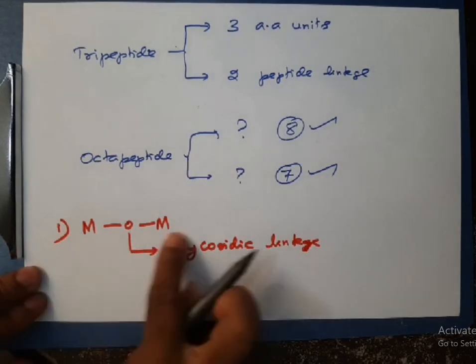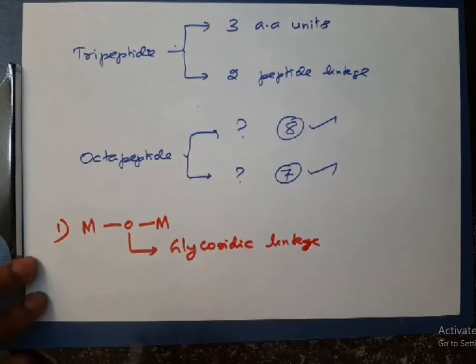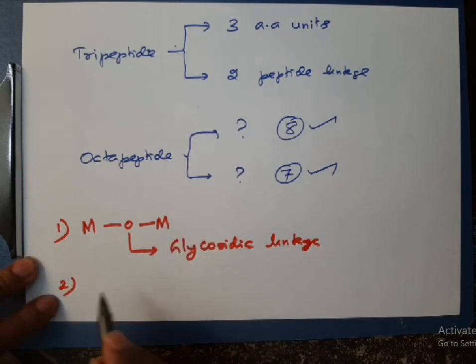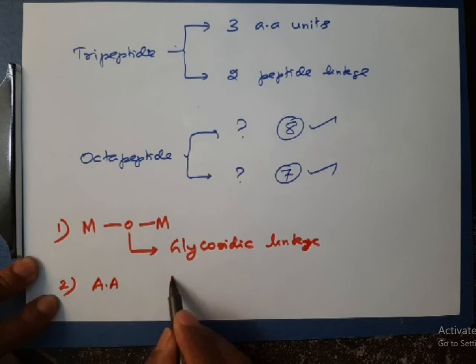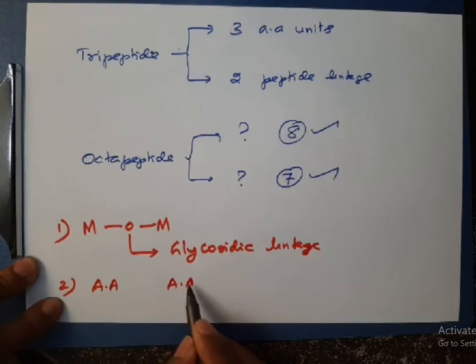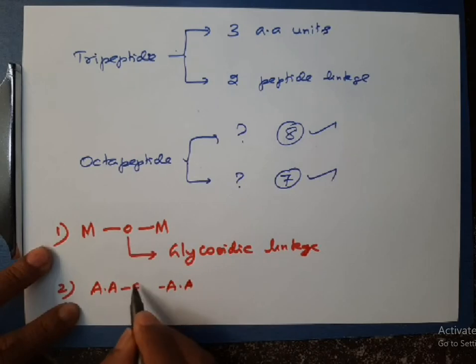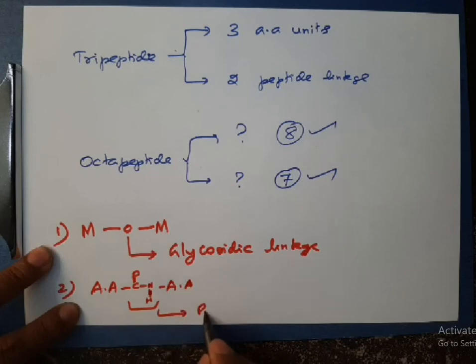Whereas in protein chemistry, two amino acids are connected through a peptide linkage, CONH. It is called a peptide linkage.